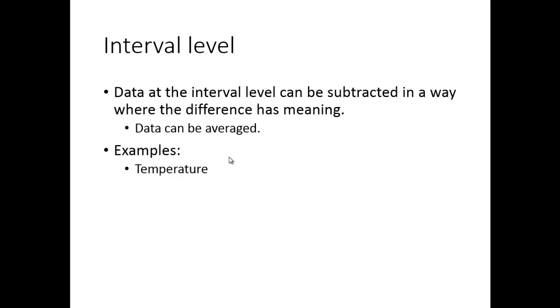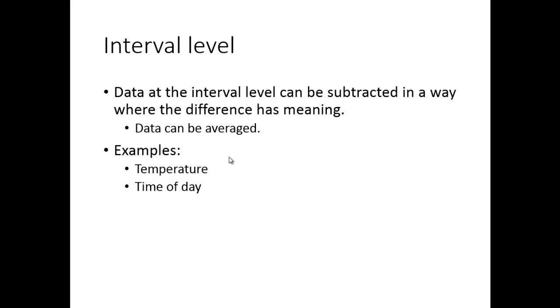And there's some sense, and this is maybe a little bit vague, where that 17 degrees between 60 and 77 is in some sense the same as the 17 degree difference between 18 degrees and 35 degrees. So temperature generally we would think of as an interval level.